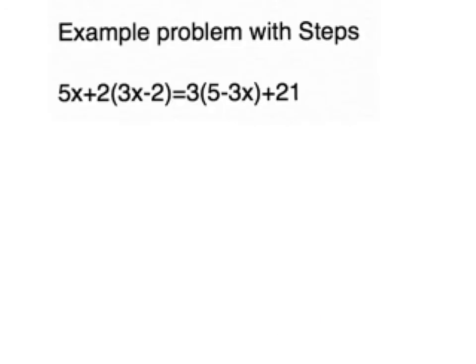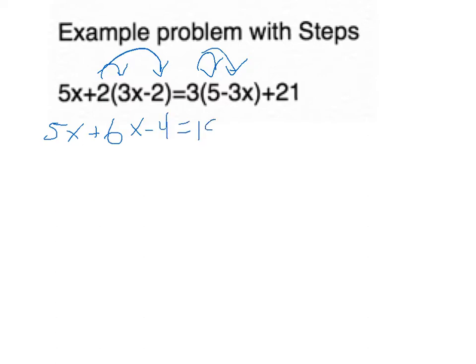Okay, well, our first step is to distribute. So I have to distribute this 2 to here and here, and the 3 to here and here. I'm going to be left with 5x plus 6x minus 4 equals 15 minus 9x plus 21.